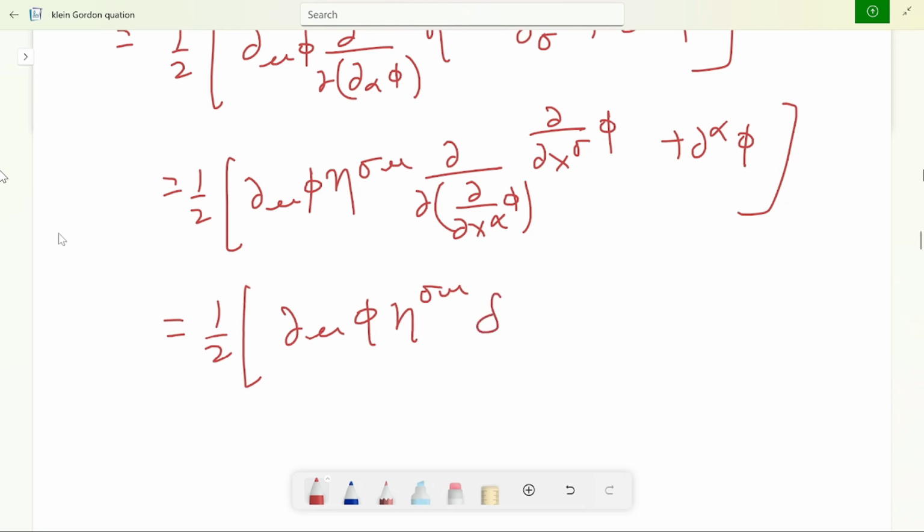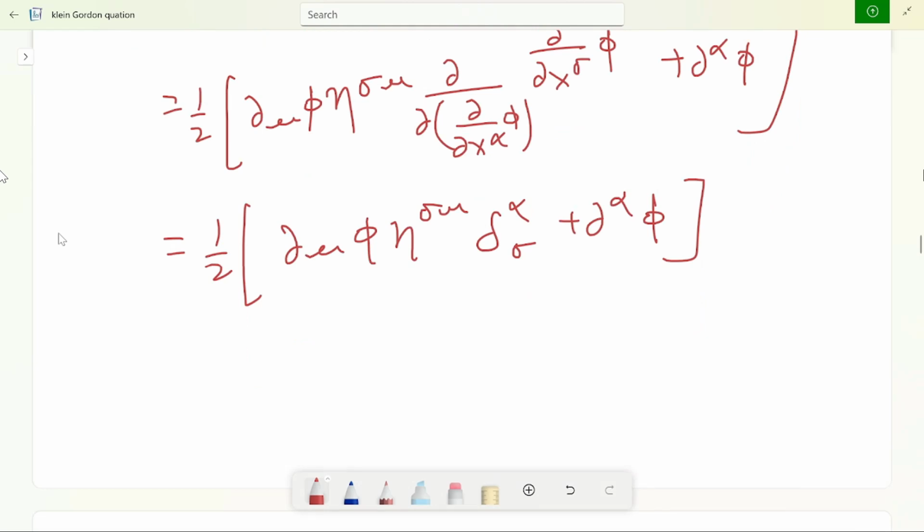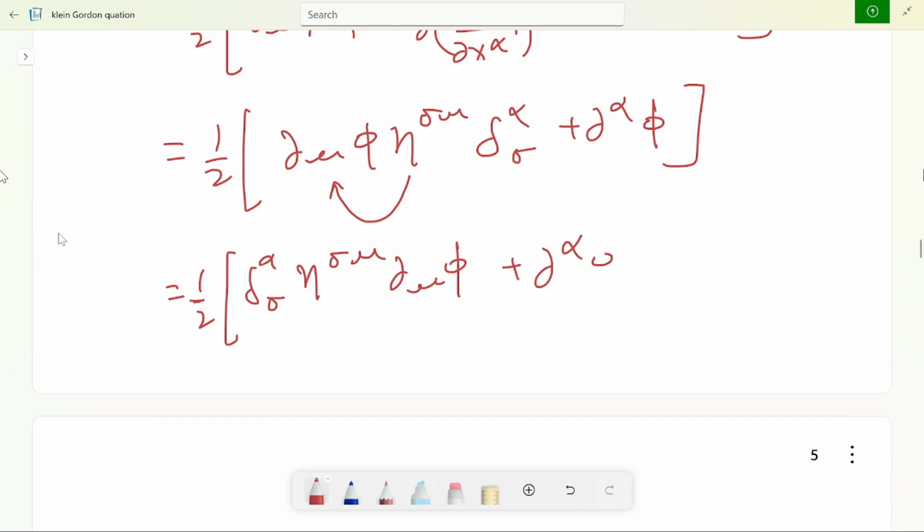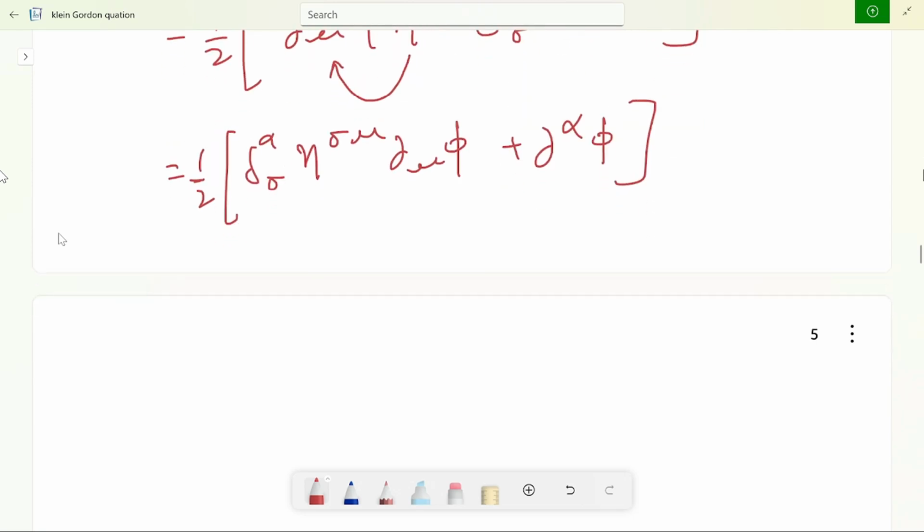This is going to be the Kronecker delta with alpha at the top and sigma at the bottom, plus d alpha phi. Now we can use this metric to raise the index mu and convert it to the contravariant form, right? So this equation can be written as some Kronecker delta and the usual Minkowski metric working on d mu phi plus d alpha phi, right?